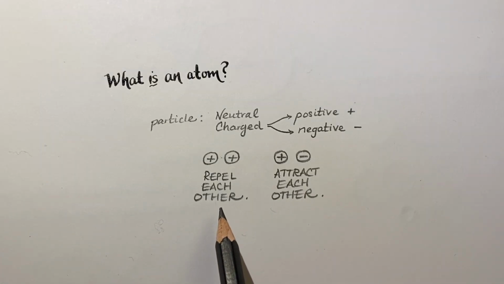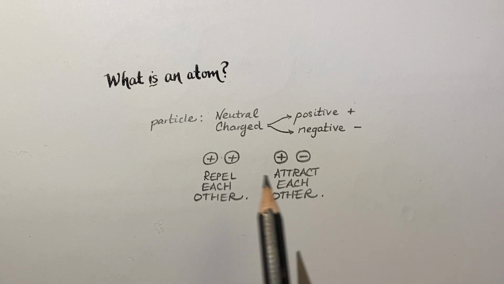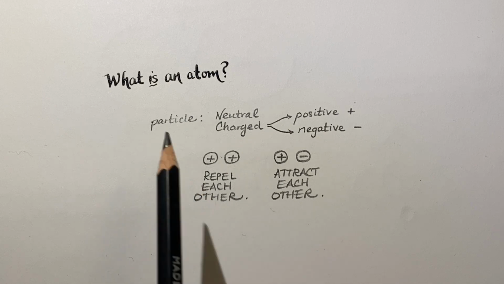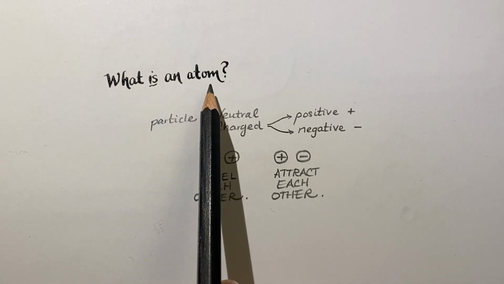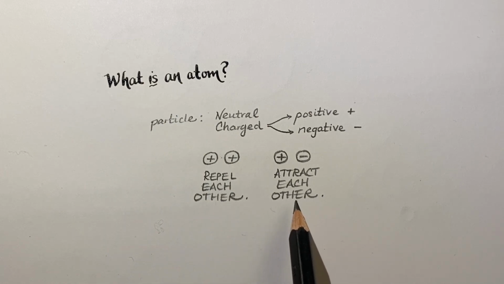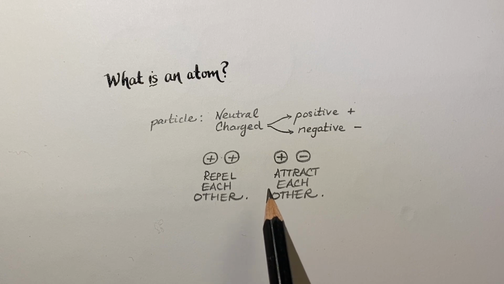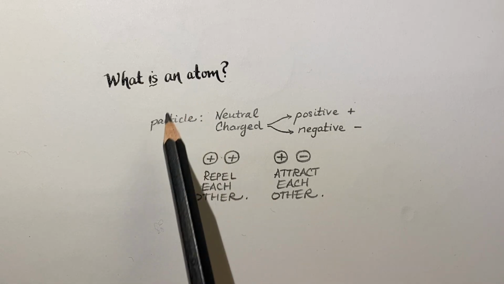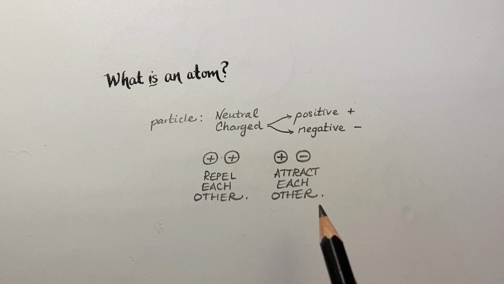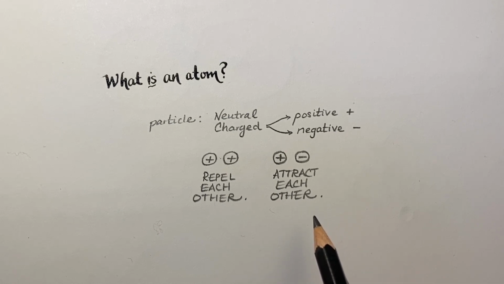So these two ideas I wanted to introduce before we start talking about the details of what is an atom, because this will help us understand a little bit better about what is the structure of an atom and how do atoms come together to form everything around us.